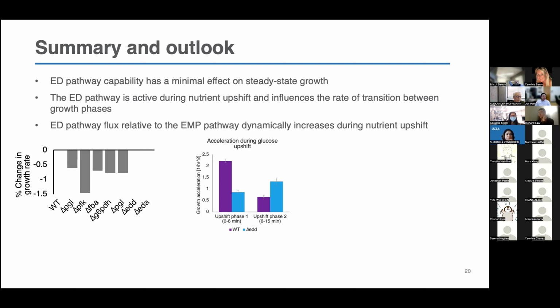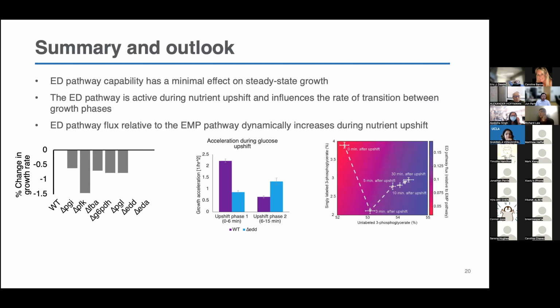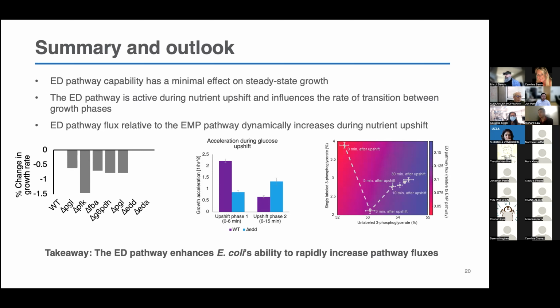And to get a more quantitative analysis on how these fluxes change over time, we were able to map these biochemical walks of how metabolism is changing from a low nutrient to a high nutrient state. And hopefully through all of these results, we come to a conclusion that shows us that the ED pathway helps enhance equalizability to rapidly increase pathway fluxes.